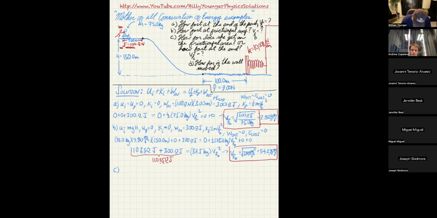Then U initial equals U final, since they're both the same height. I'll call that height 0 and both potential energies 0. The initial kinetic energy is all the energy that it has, 110,550 joules.